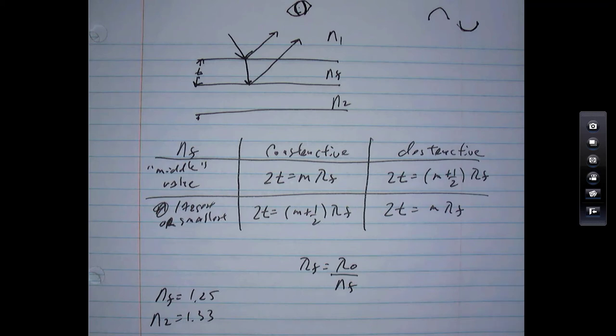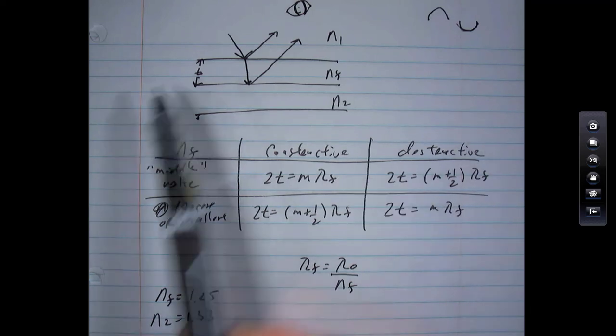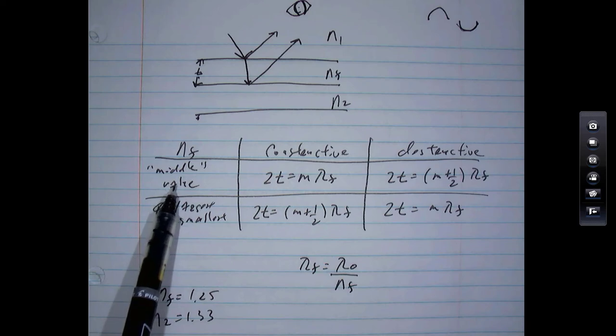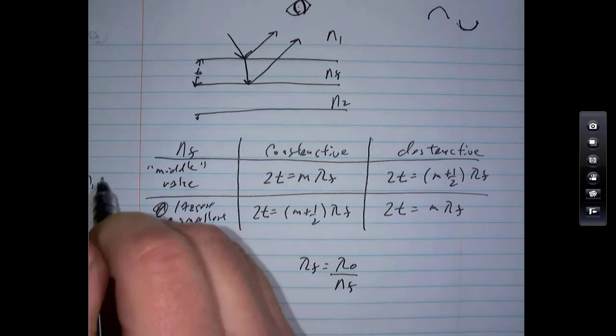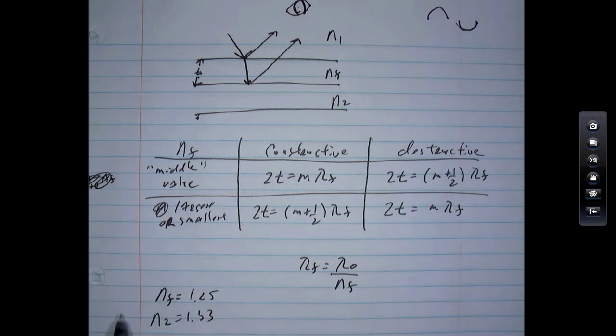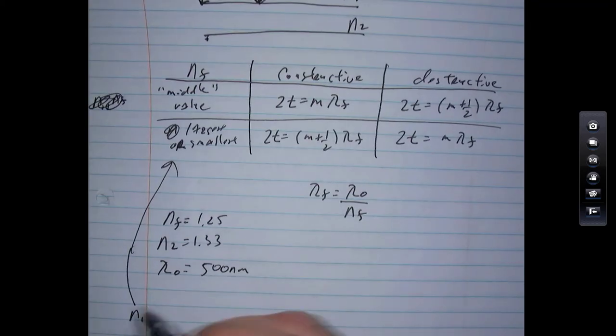Then take into account all these ideas about phase change. This refers to looking at N1, N of the film, and N2. Let me write it over here. This column here, I'm talking about N1, N of the film, and N2.